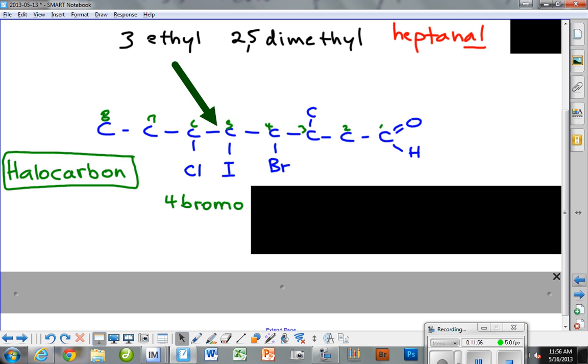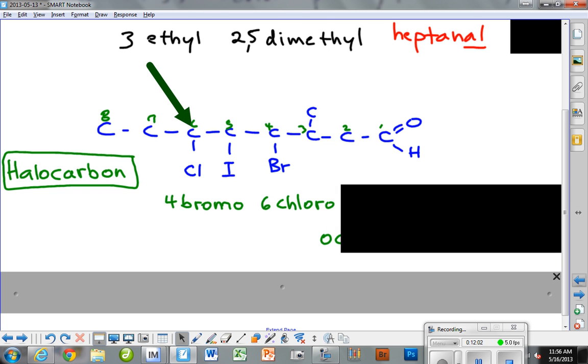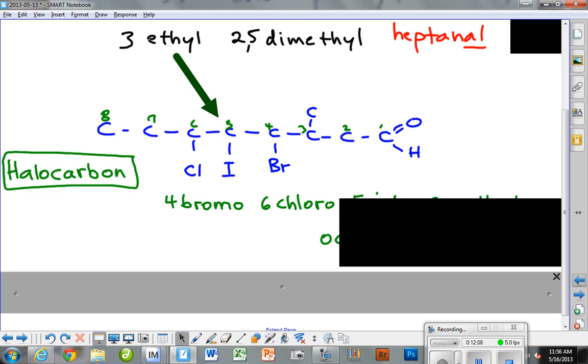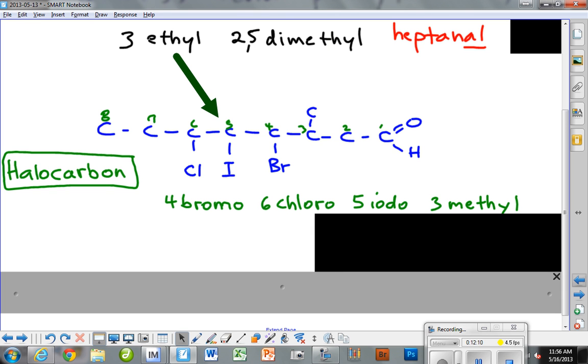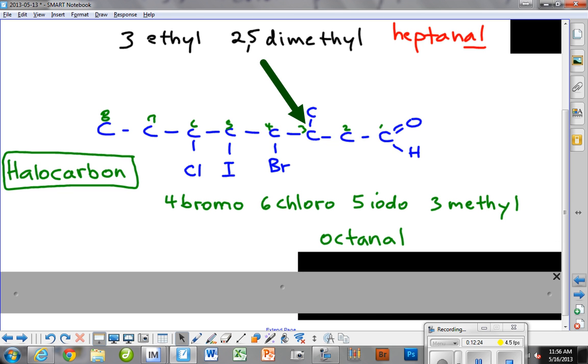Now, next in alphabetical order, we're going to be on carbon number 6 with our chloro. And then we're going to be on carbon number 5 with our iodo. And of course, methyl is on number 3. So methyl would be after the halocarbons. Okay, and the overall name, octanal.